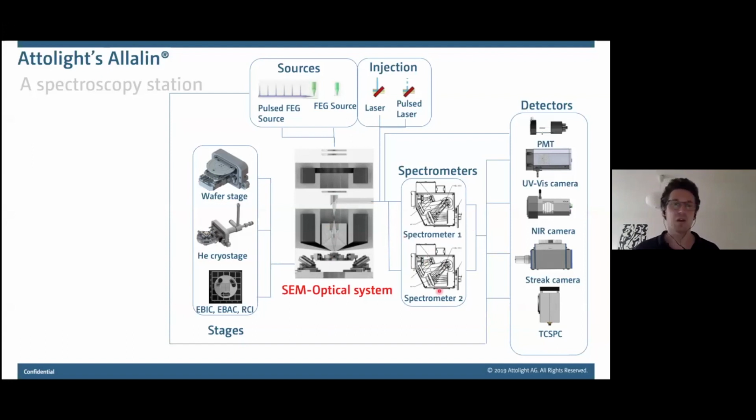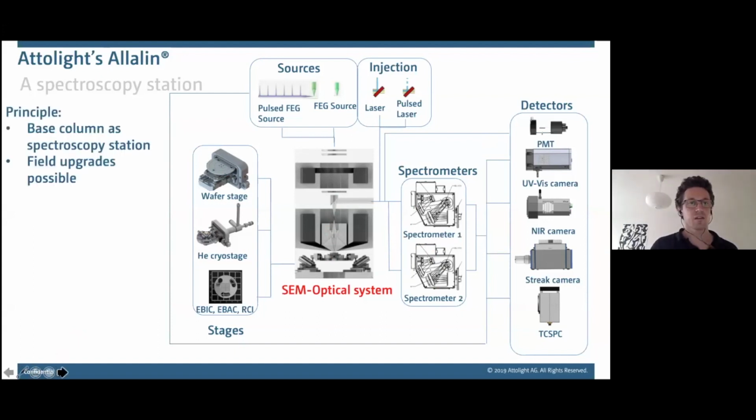You can put spectrometers, several types of sample holders and stages, and a whole bunch of different detectors. So we really see our tool as a spectroscopy platform, as opposed to something that's really cast in stone. Everything is field operatable and stuff like that.